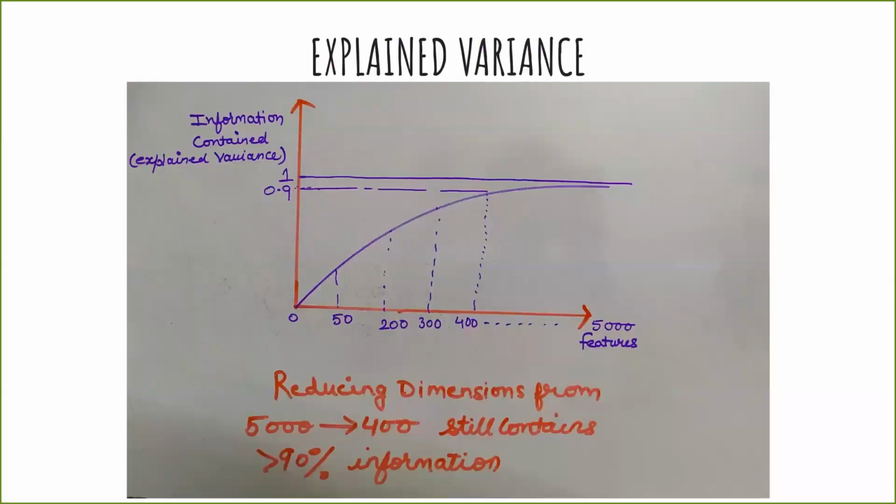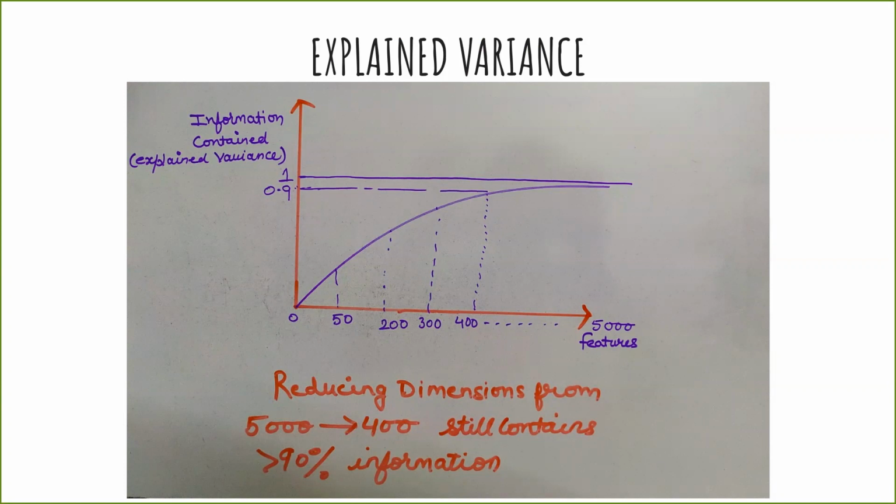What you can do is plot the information contained, or the explained variance, versus the feature vector. On the y-axis, I have plotted the cumulative sum divided by the total sum of the variance. You can see that at 400 features, the cumulative sum of the variances from 0 to 400 features has become 0.9 of the total sum of the variances of the 5000 features, right?